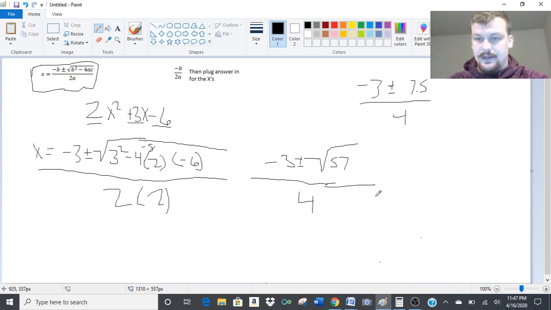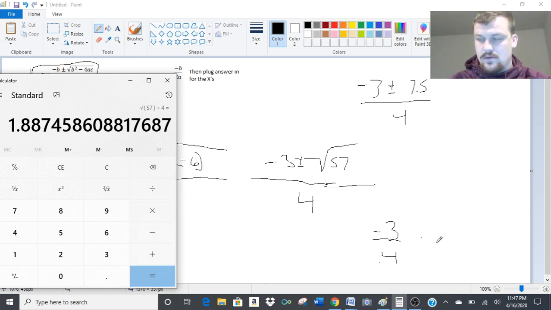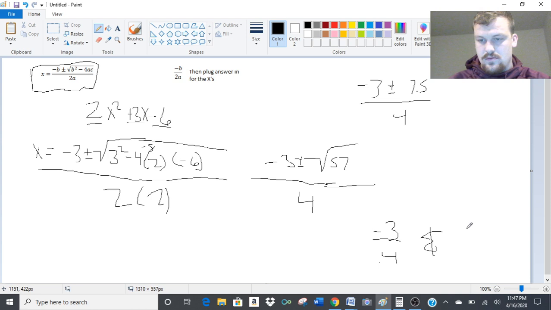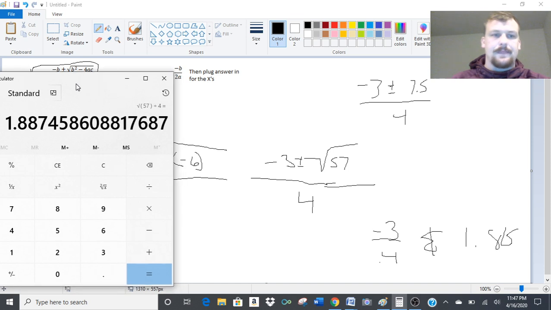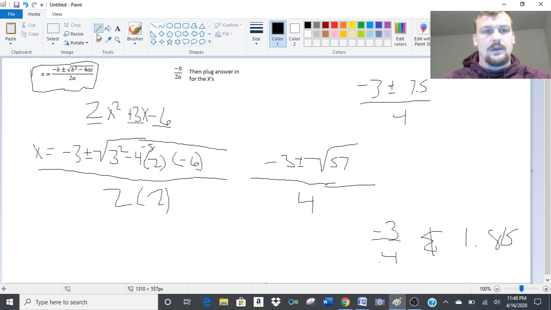We can do -3 divided by 4, or we can do 7.5 divided by 4, which is about .88.